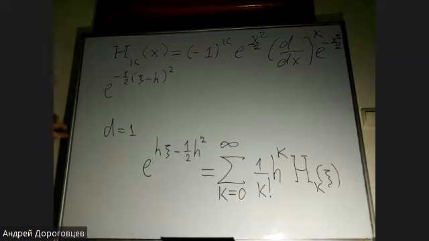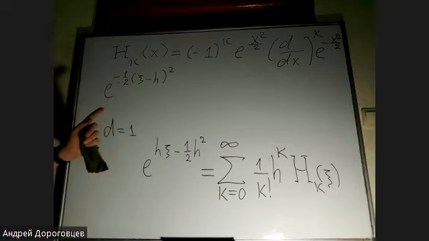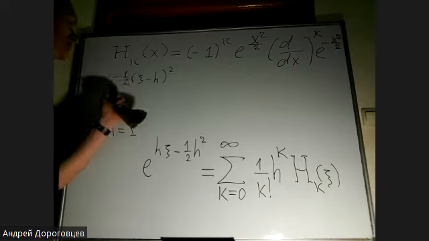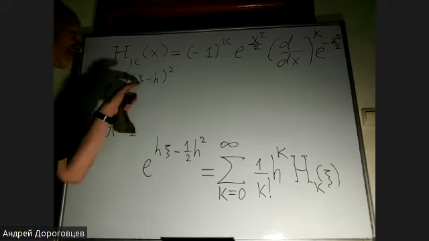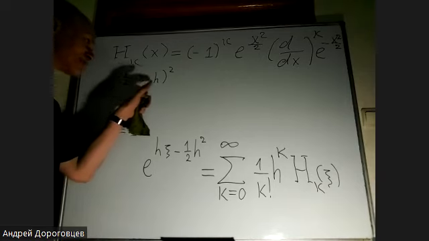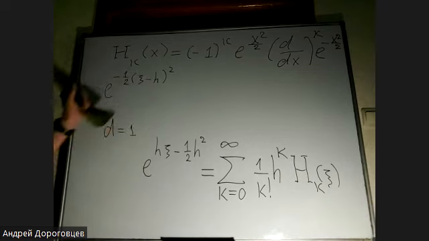This function now can be interpreted as the function e to the minus 1/2 of x squared at the point psi perturbed by the shift of minus h.